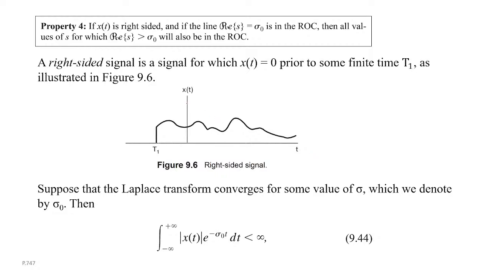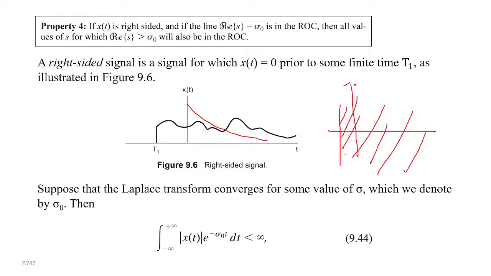The first example we saw. If x of t is just exponential decay, then remember your ROC is everything with real part sigma bigger than minus a. Okay. So that fits this description here. If any point is in the ROC, then the points to the right are also in the ROC. So your ROC just extends to the right to infinity.